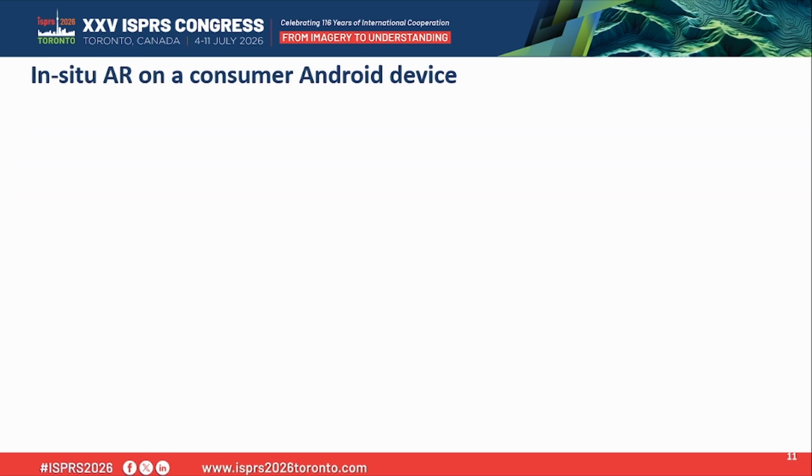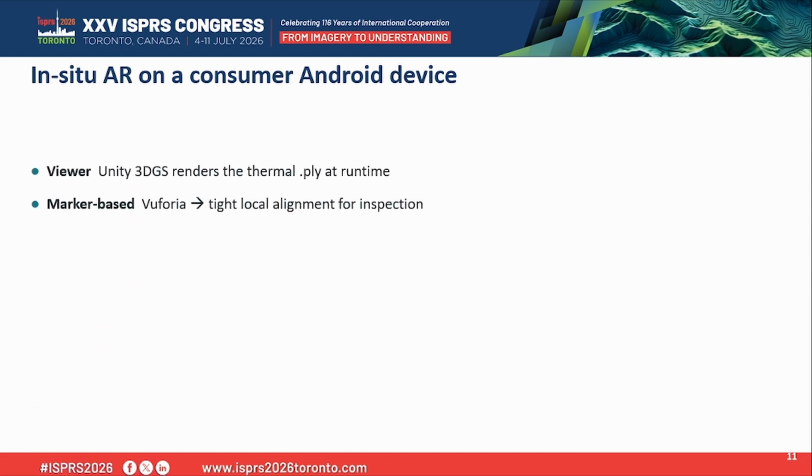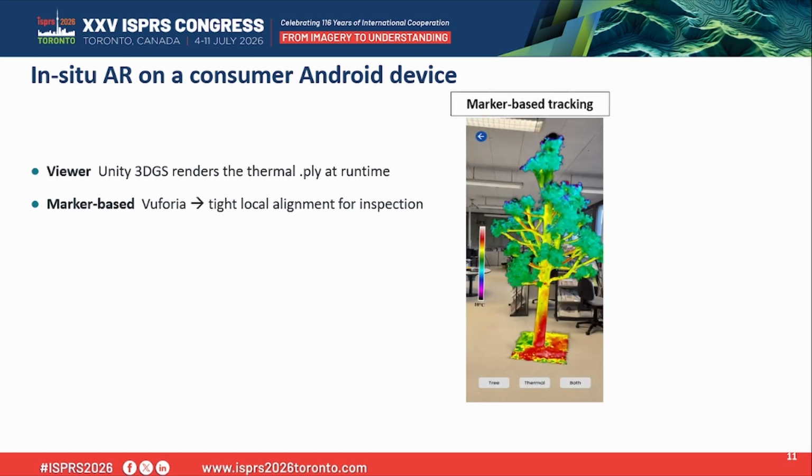Now we move to the in-situ augmented reality that we developed. We use a Unity 3D viewer using the thermal PLY at runtime, and we proposed a marker-based tracking using Vuforia that can be useful for inspection not in situ, and to analyze the radiance fields that come out from MILo for inspection also in the laboratory.